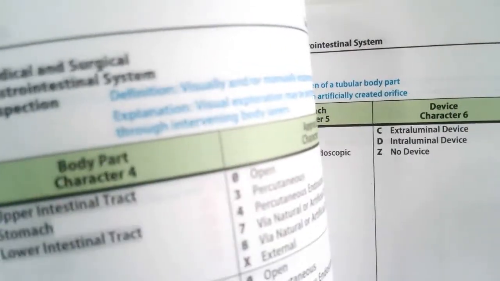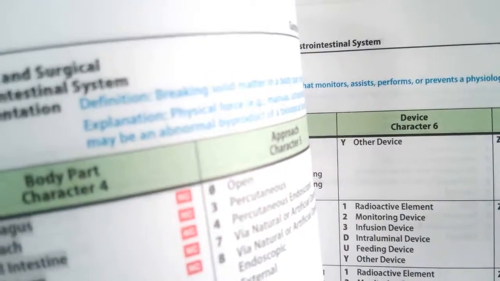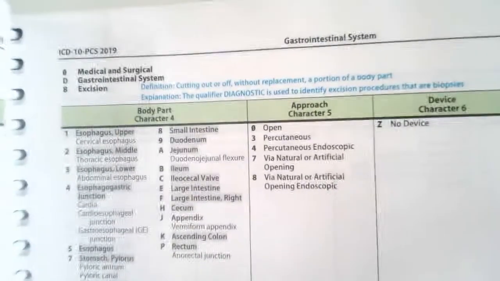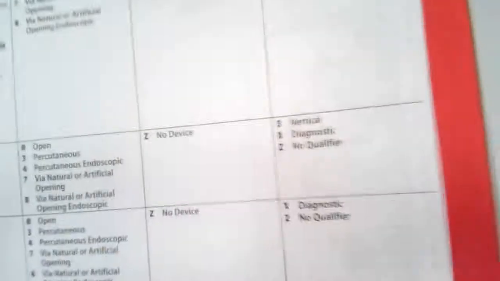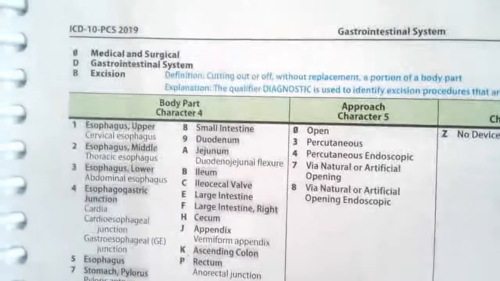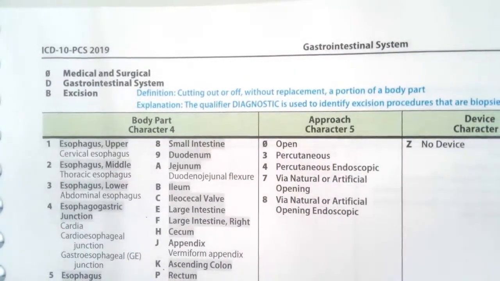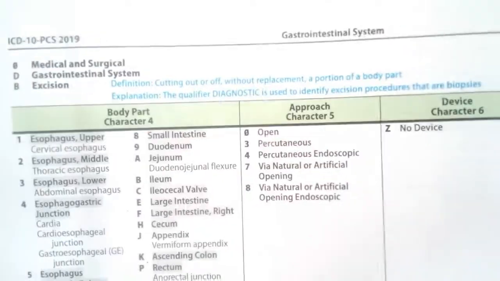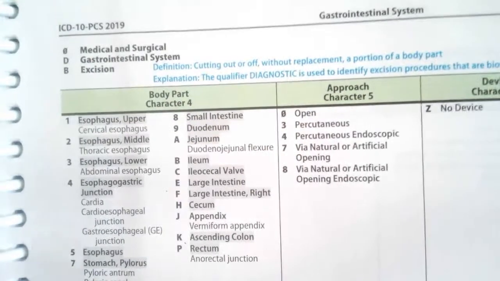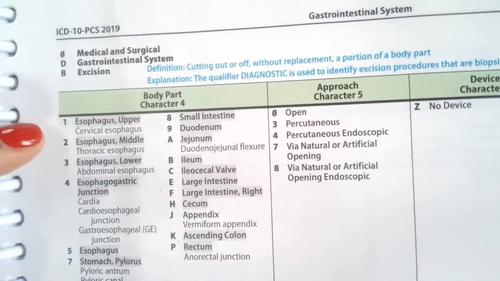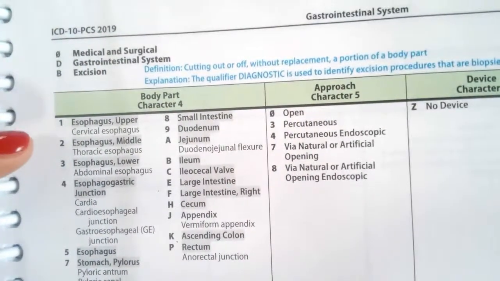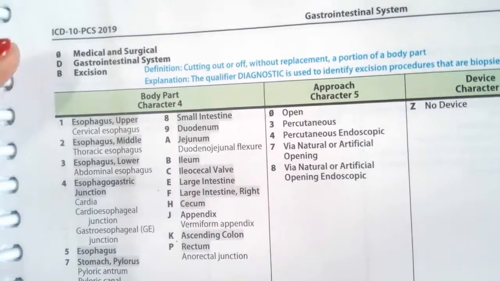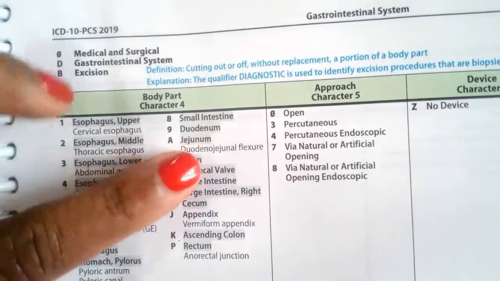I'm just flipping through my manual to locate table 0DB. All right. So here, table 0DB, I am going to build my code. I'm going to go for my duodenum first, and in the first table here I see duodenum.